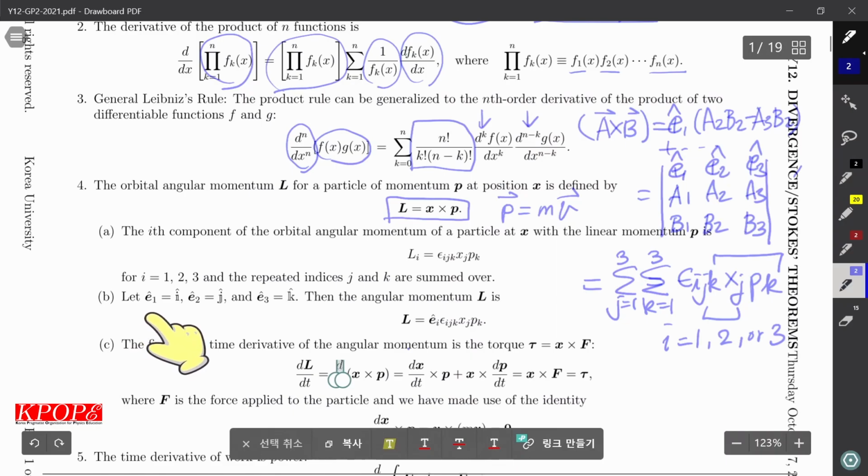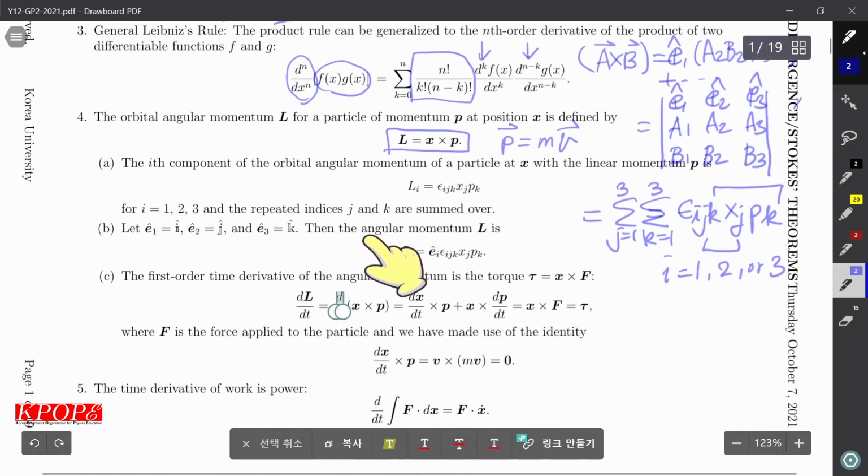Let e1 hat be i hat, e2 hat be j hat, and e3 hat be k hat, the unit vectors of the Cartesian coordinates. Then the angular momentum L vector is e1 hat L1, e2 hat L2, e3 hat L3.